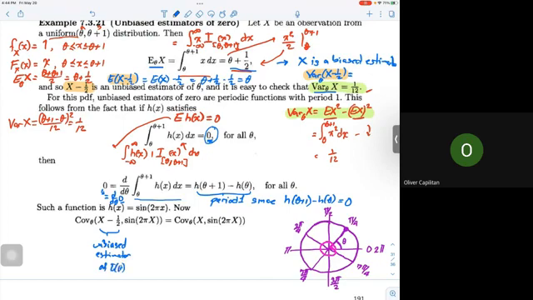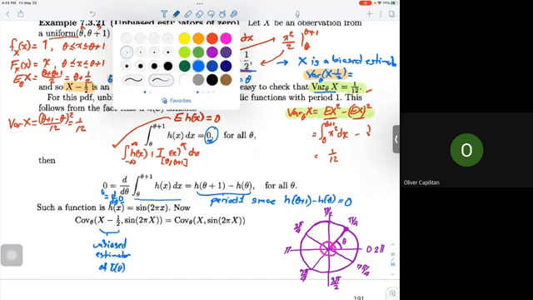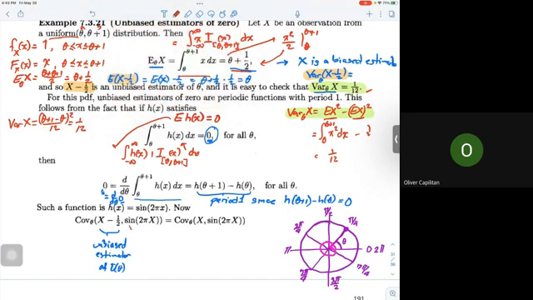So in this case, that's actually theta. Itong pangalawa, this is what we call the unbiased estimator of 0. Kasi totoo ito: sine of 2 pi theta, h of x is sine 2 pi of x, so this is the unbiased estimator of 0.